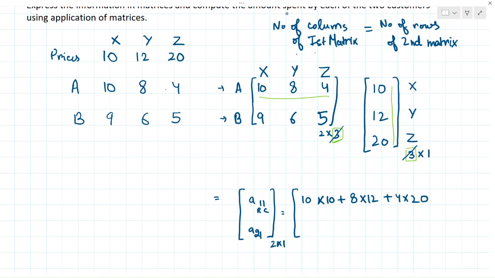And similarly the second one means second row and first column of the second matrix. So now you just do the multiplications and you will get your answers to the questions.